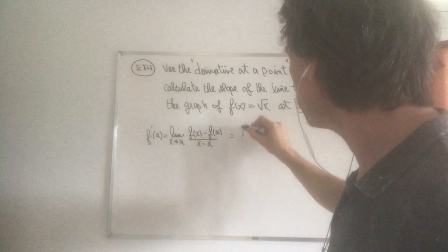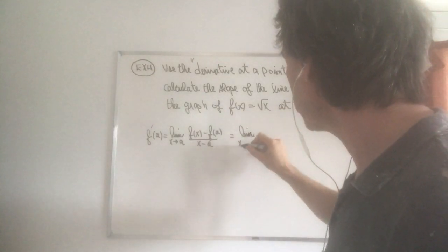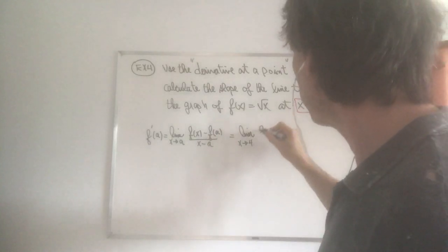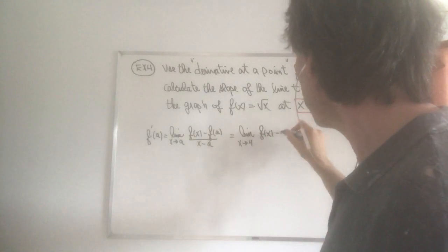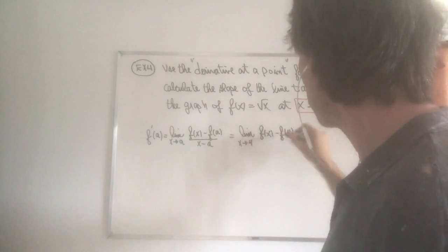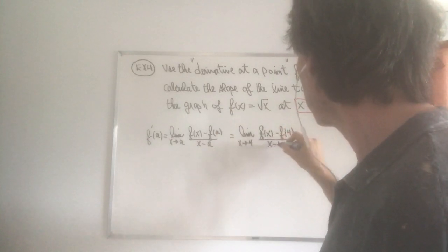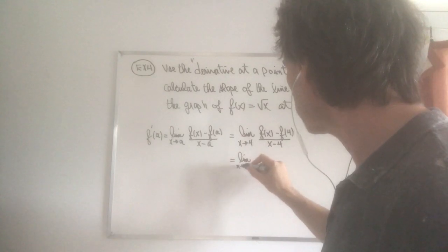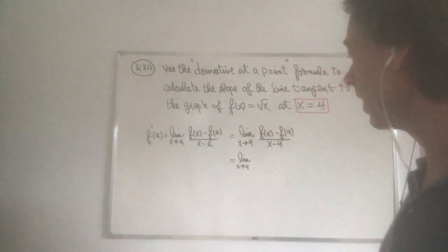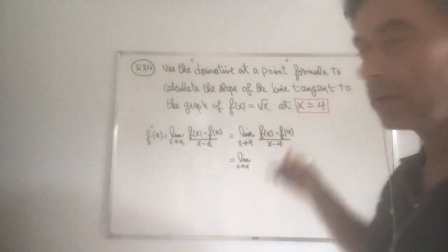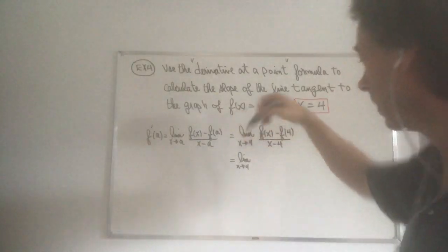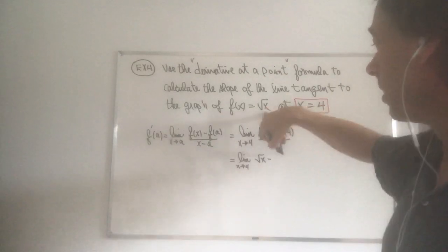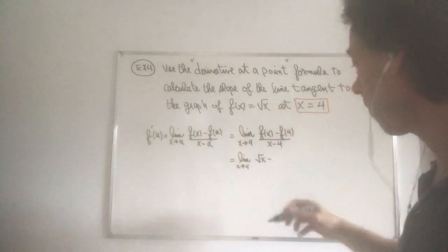So basically, this boils down to the limit as x approaches 4 of f of x minus f of 4 over x minus 4. The rest is really algebraic. What is f of x in this example? Right there, root x minus, what is f of 4? Put 4 in the root of 4.